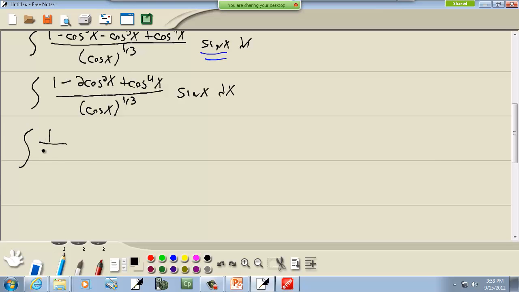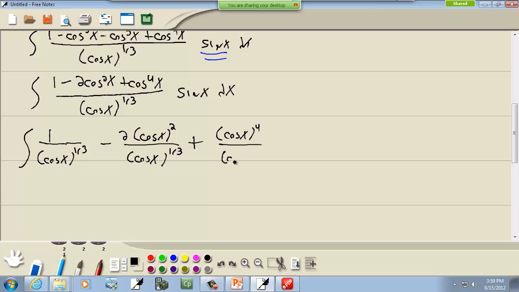So I'm going to have 1 over cosine x to the 1/3, minus 2 cosine x to the 2nd power, and this one will be cosine x to the 4th power over cosine x to the 1/3.